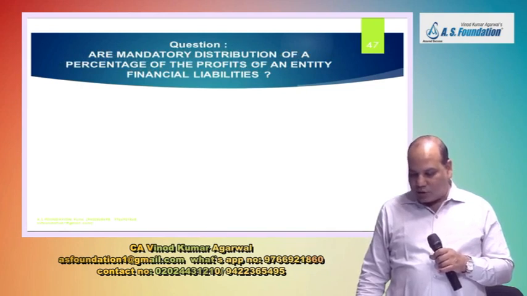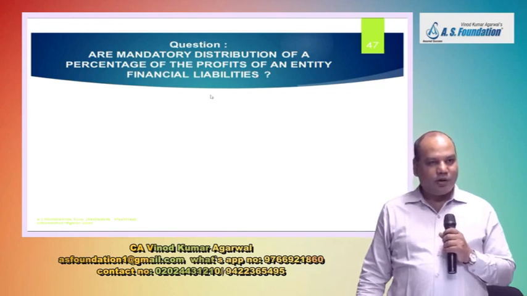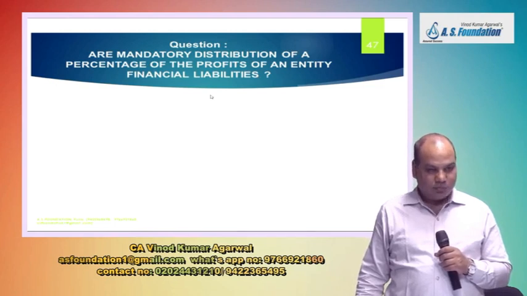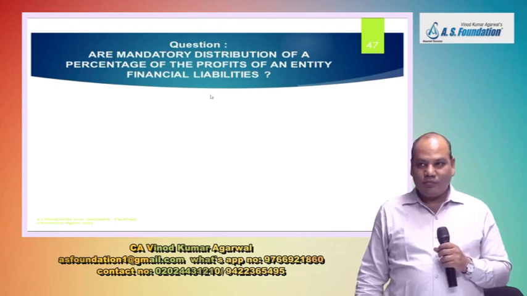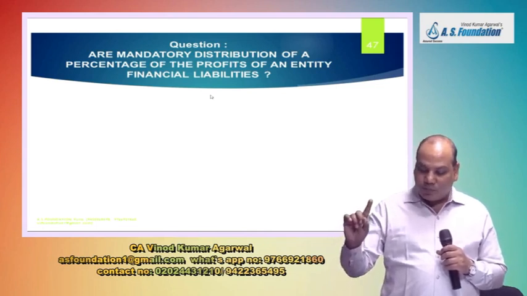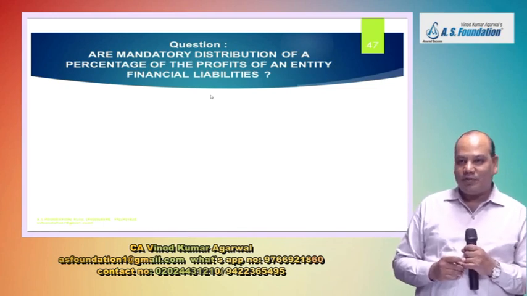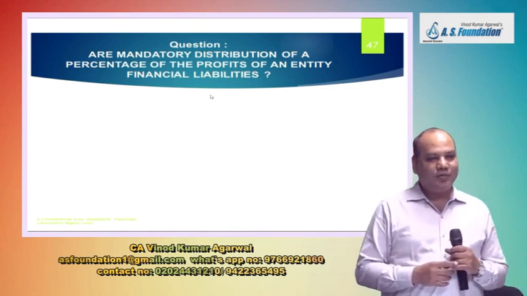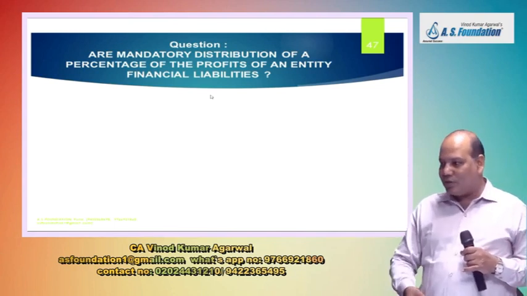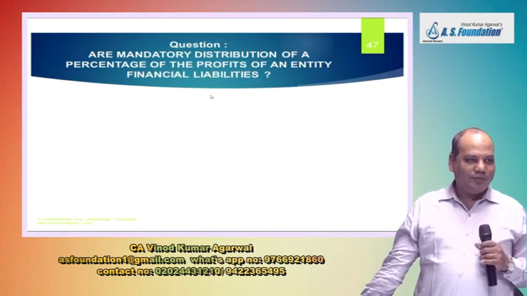Is a mandatory distribution of a percentage of profit of an entity a financial liability? Vote for yes. Mandatory distribution of a percentage of the profit of a company. Is it a financial liability? The company says to the investor of whatever instrument, I will pay you 10% of the profit.